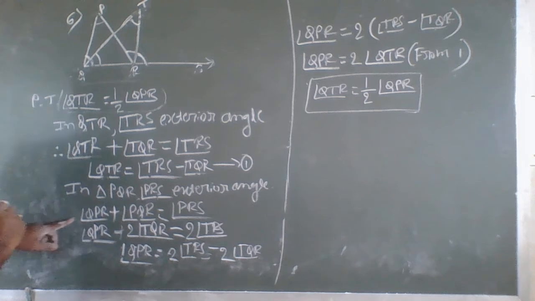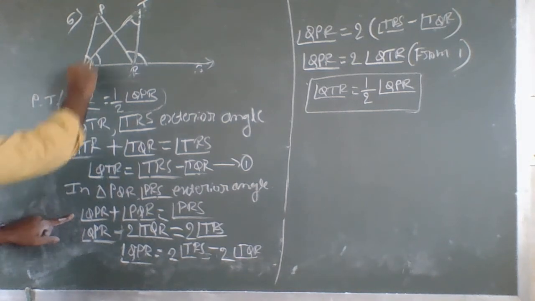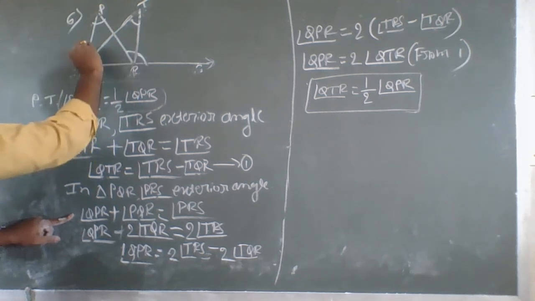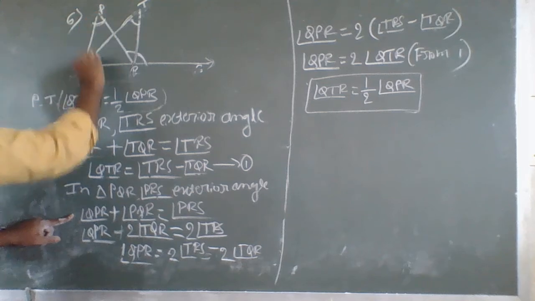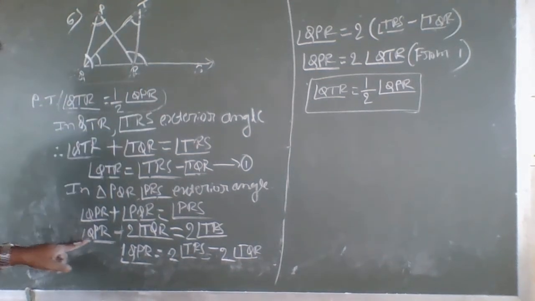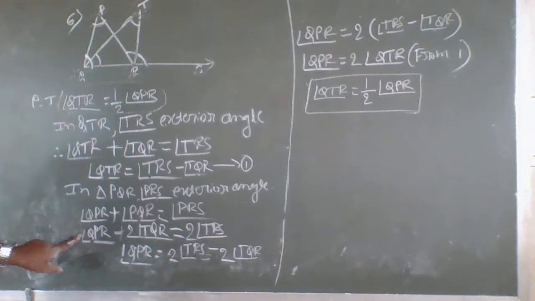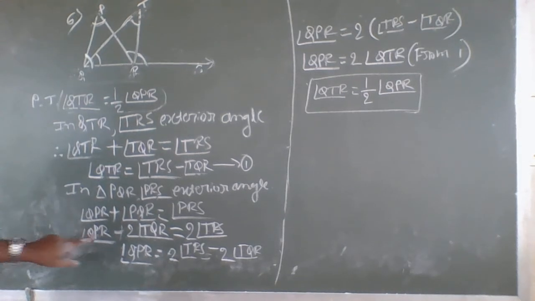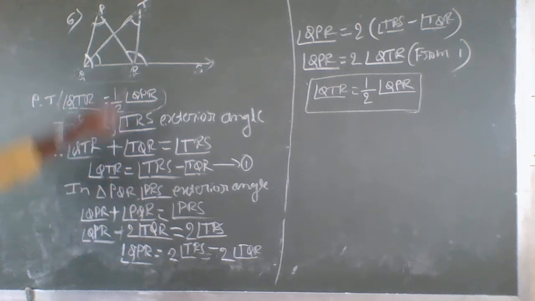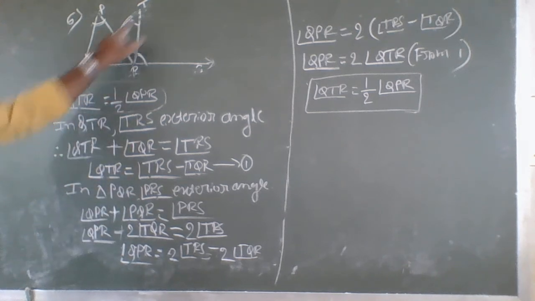Again, like the previous one, angle QPR, this angle, plus angle PQR, this angle, is equal to angle PRS. In the next step, in the place of angle PQR I wrote 2 into TQR, because this is the bisector.